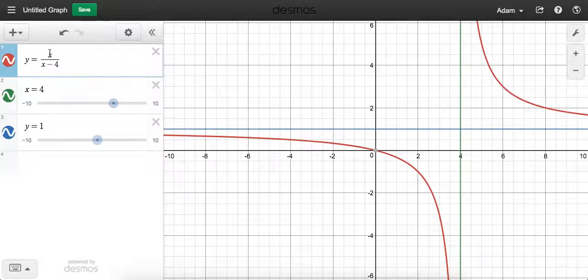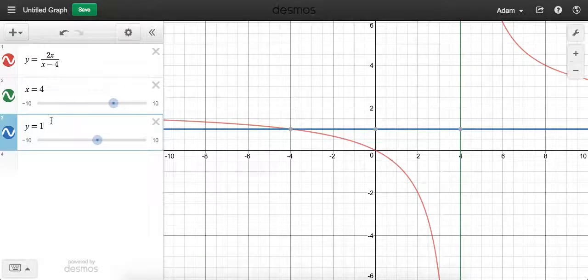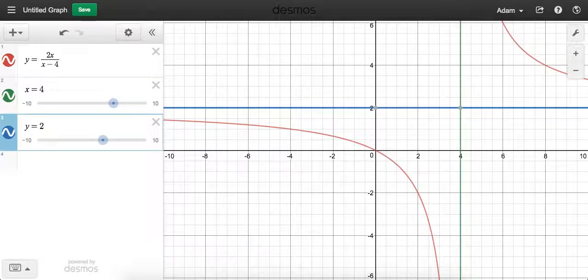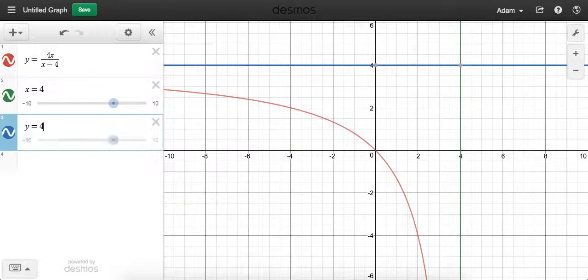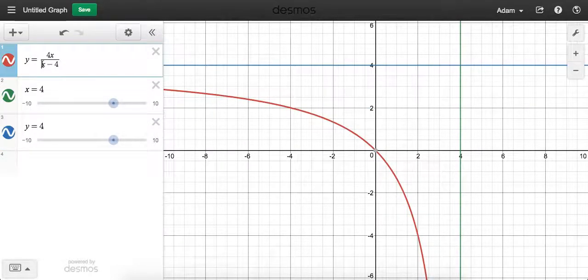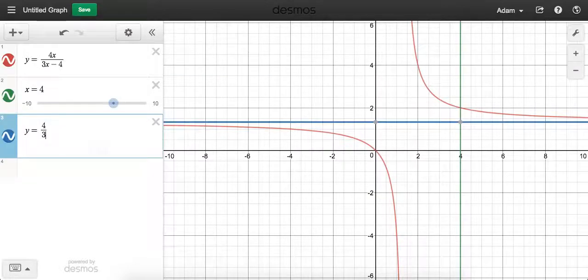I'm going to start putting some numbers in front of here. What if I make this a 2x? Well, my green, my vertical asymptote is still the same, but my horizontal asymptote is now at 2. If I were to make this 4, my horizontal asymptote is also at 4. If I put a 3 down here, so I make this 3x minus 4, my horizontal asymptote is now at 4/3.